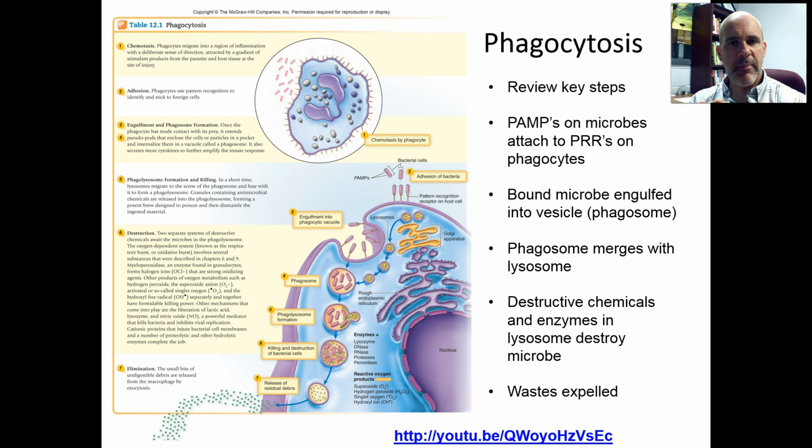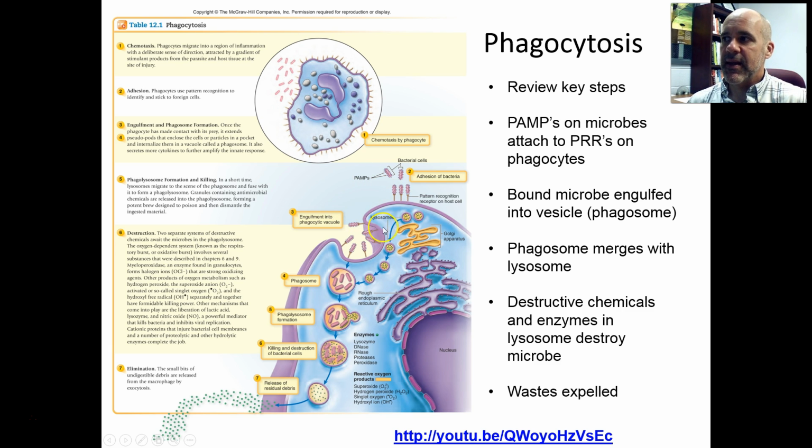So it's not going to be some kind of molecule you would only find on a particular strain of Salmonella bacteria. It's going to be something you would find on lots of different types of bacteria, something that's more non-specific. So that's adhesion. So the phagocytes have receptors called pattern recognition receptors, and those attach to the PAMPs on the microbes.